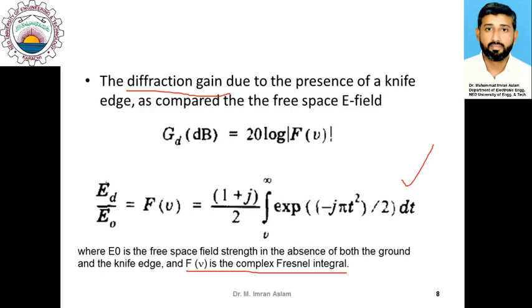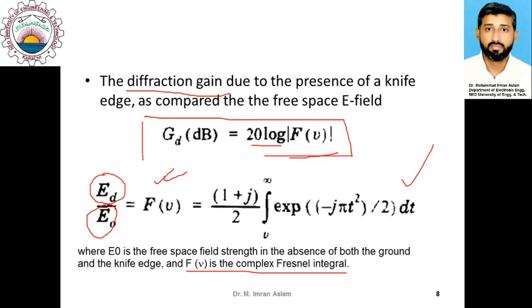This complex Fresnel integral is the ratio of the diffracted E field to the E field values, and this F(nu) is given by this expression. If we calculate the magnitude of this Fresnel integral, take the log and multiply by 20, we get the gain because of the Fresnel diffraction in decibels.